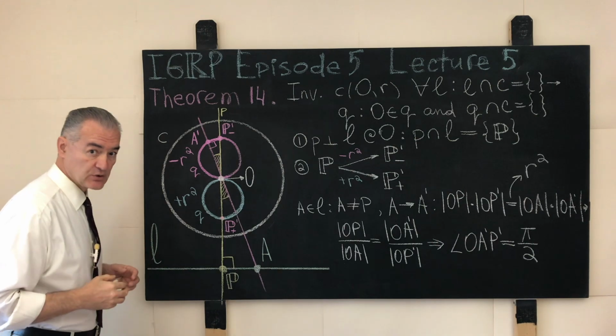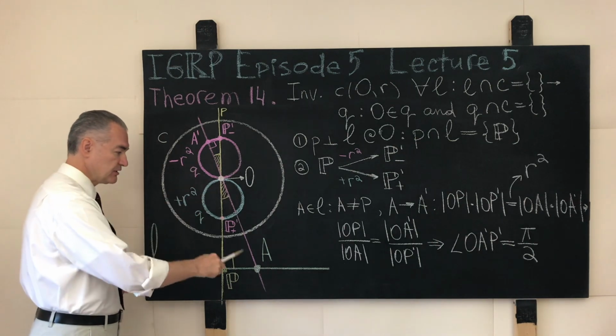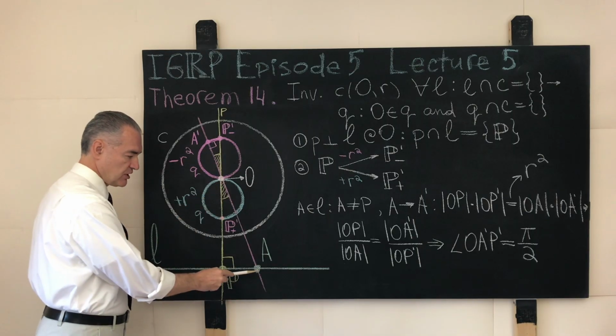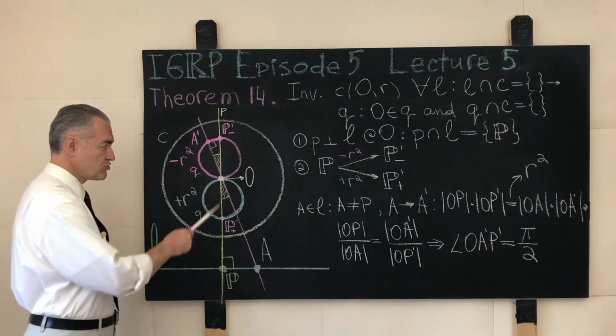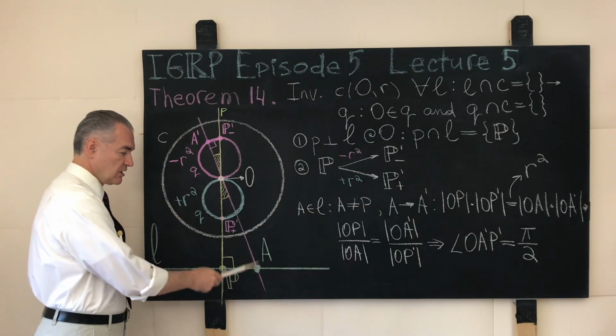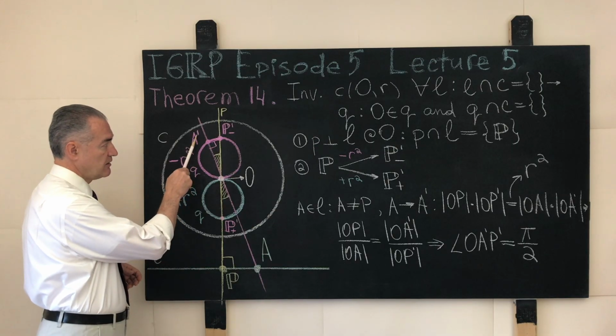It will be located in the parent plane, of course, and it will be collinear with the center of inversion and the pre-image point A. But in this case, the center of inversion O will be in between the pre-image point A and the image point A prime.